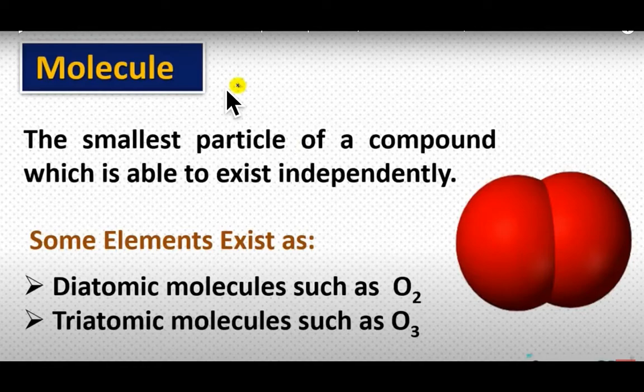Molecules form when the same type of atoms of an element combine to exist independently, for some elements, that is O2, O3. Now, when 2 atoms are combining, they are known as diatomic. When 3 atoms are combining, they are known as triatomic molecules.